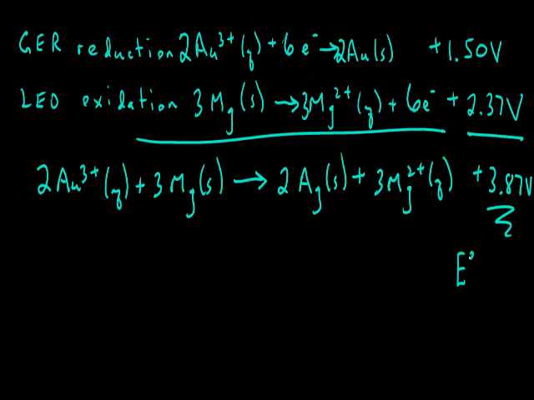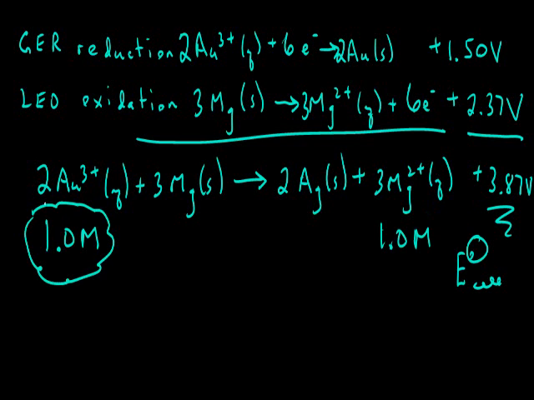This is our E cell, specifically for conditions when it's standard. Standard conditions would tell us that all aqueous materials, the Au3 plus ions on the reactant side and the Mg2 plus ions on the product side, would both have to be 1 molar to give us our E cell of a positive 3.87 volts for this electrochemical reaction.